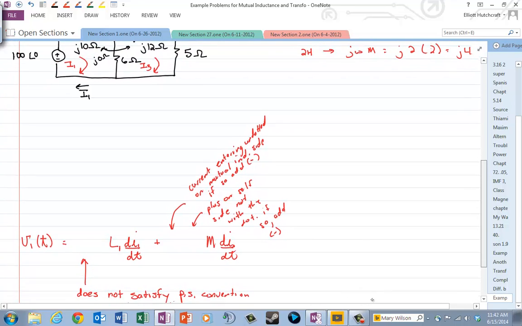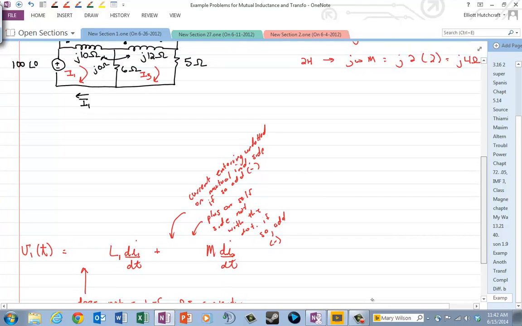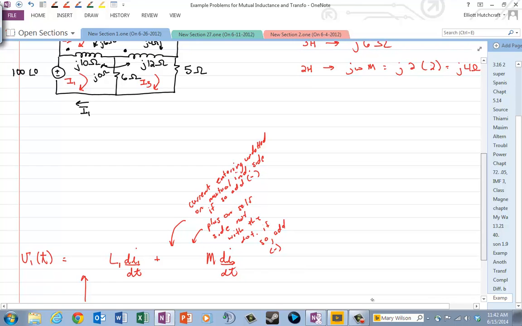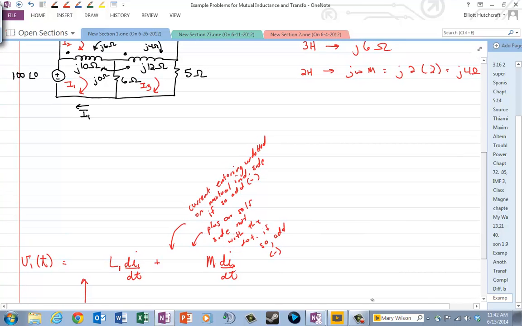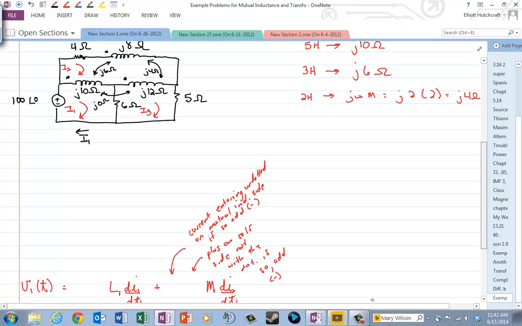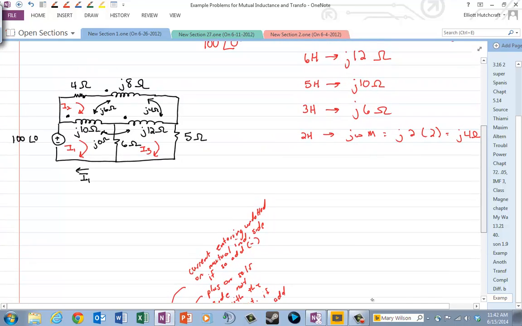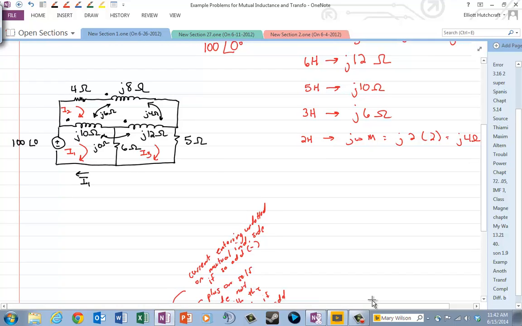So I really like to look at that in particular because what I would like to say is, let's make it work like we want. That is, let's make it satisfy the current going into the dot and so forth, and the voltages labeled properly for the pluses at the dot. Let's say the book, for example, wanted to know this voltage right here, V. Well, that's fine.